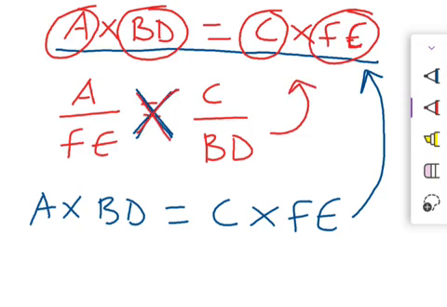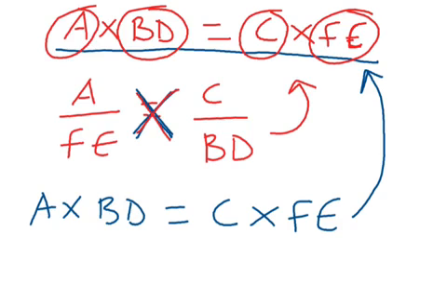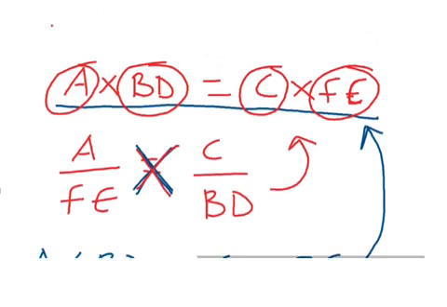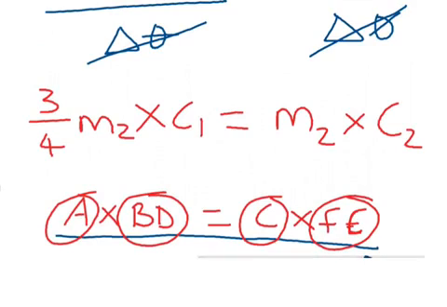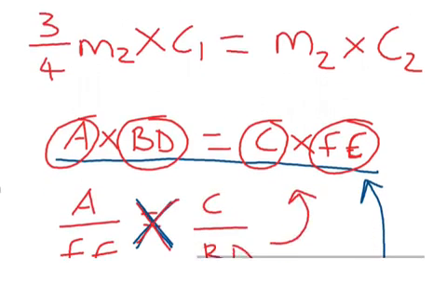So don't let it confuse you when I do what I want to do right now. Going back to what we're having here, we're going to do something similar. We are having an expression like this: 3 over 4 M2 times C1 equals M2 times C2. I want to have an expression for C1 over C2.